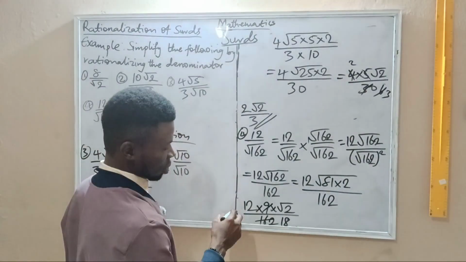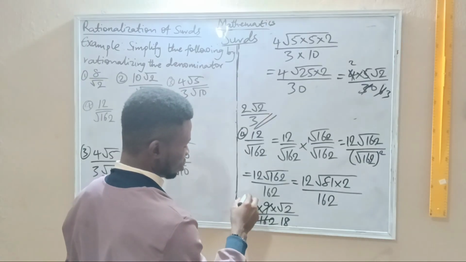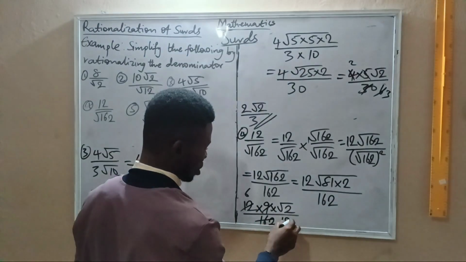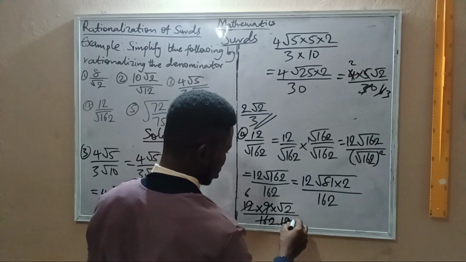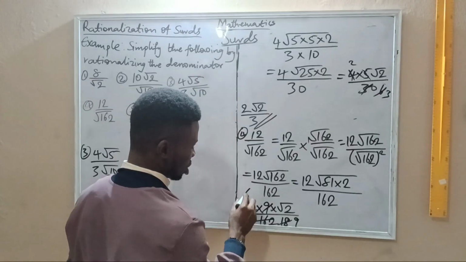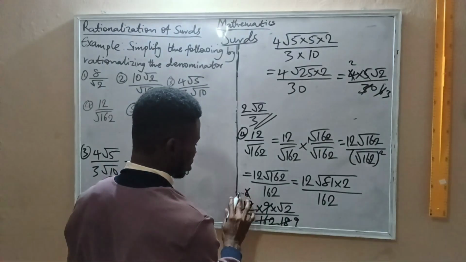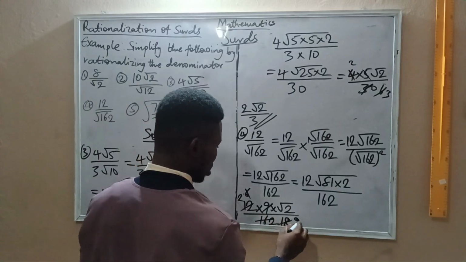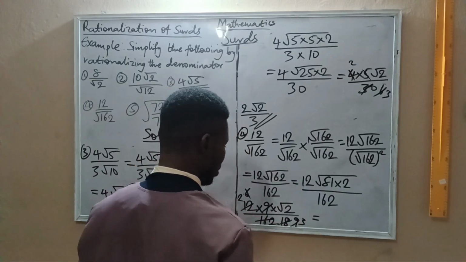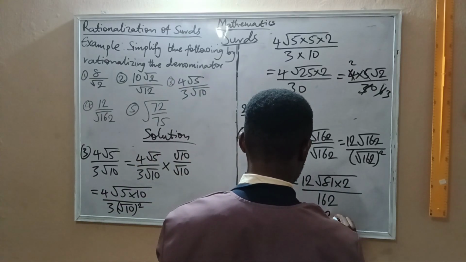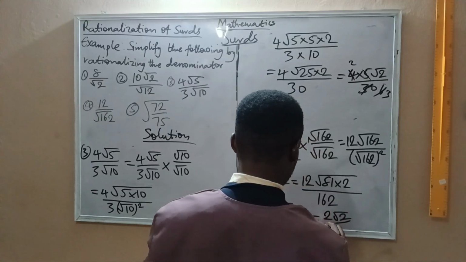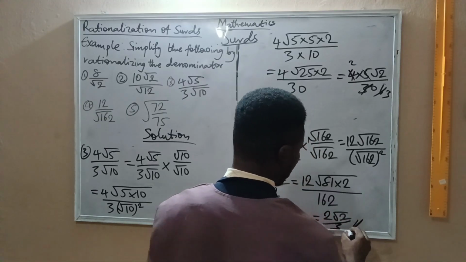And then 2 is 6, 2 in 18 is 9, 2, 3, is 2, and 3 is 3. So we have 2 sod 2 all over 3.